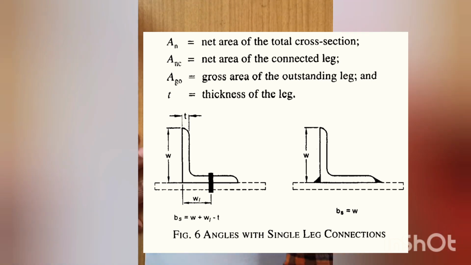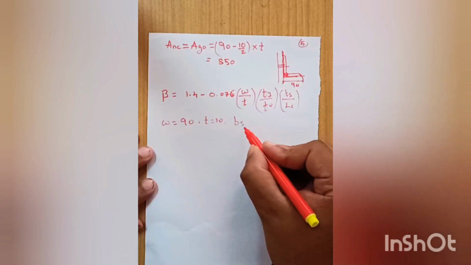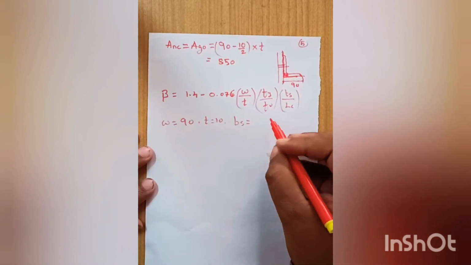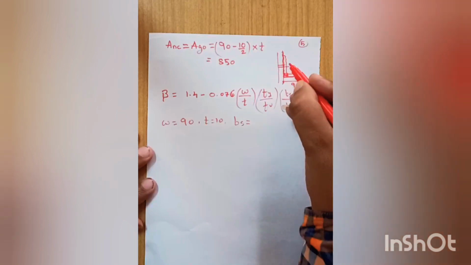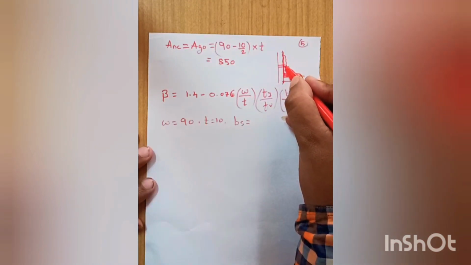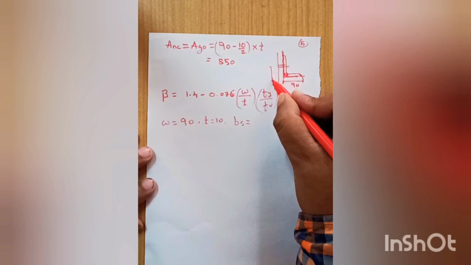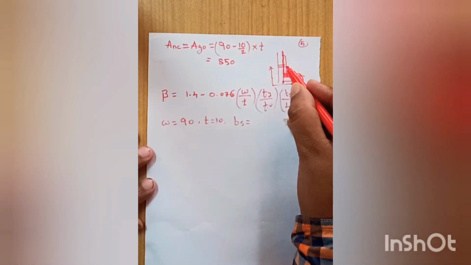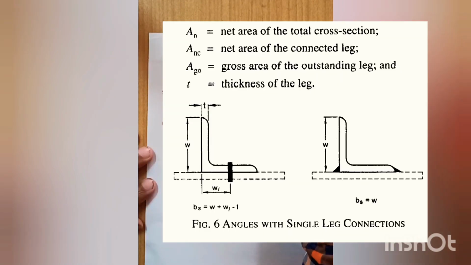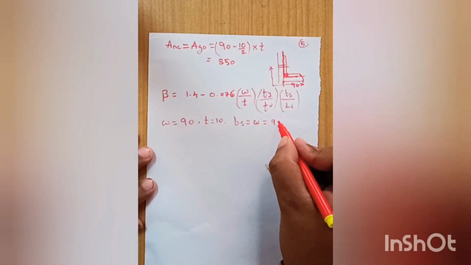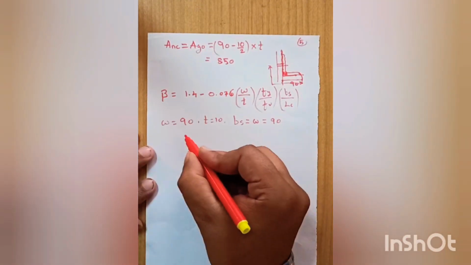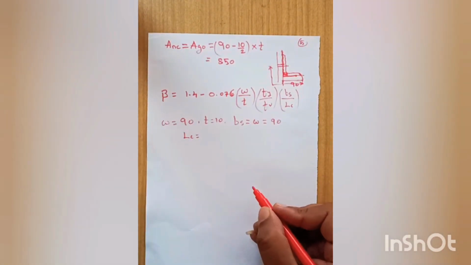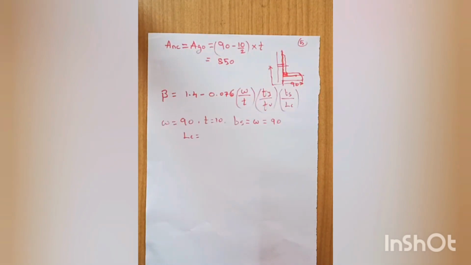Thickness is 10. Fy is 250. Fu is 410. Bs is the shear leg width, which is given in IS 800. Here you can see Bs. In case of a bolted connection, when you are drilling the hole, the length will be from here to here, the shear leg width. When you are not drilling the holes, the length is from here to here, that is Bs is nothing but w. So same, 90 mm. Lc is the length of the connection. So we are providing the length here.